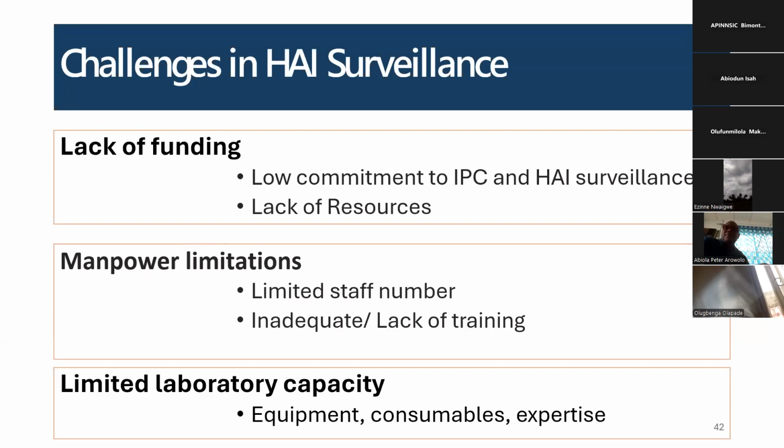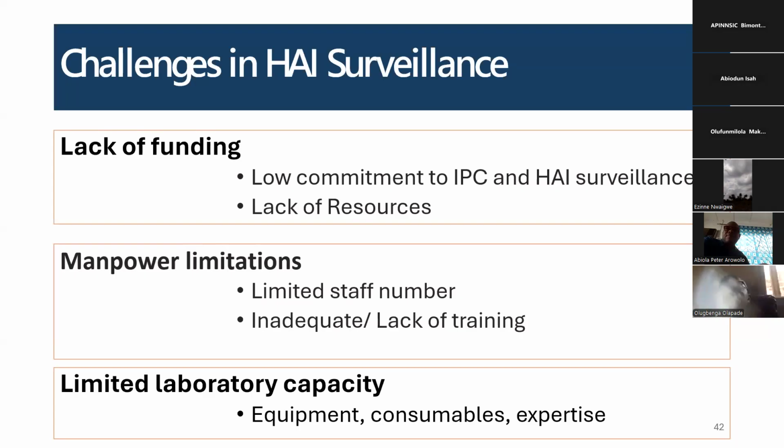Manpower limitations, similar to lack of funding, you don't have staff that are dedicated to data collection, or they're not even trained. So they may be available, but they do not have the capacity to collect data. Laboratory capacity, if you want to have specific diagnosis and there's no laboratory equipment or consumables, or even if they are and there are no lab personnel, then it's difficult.